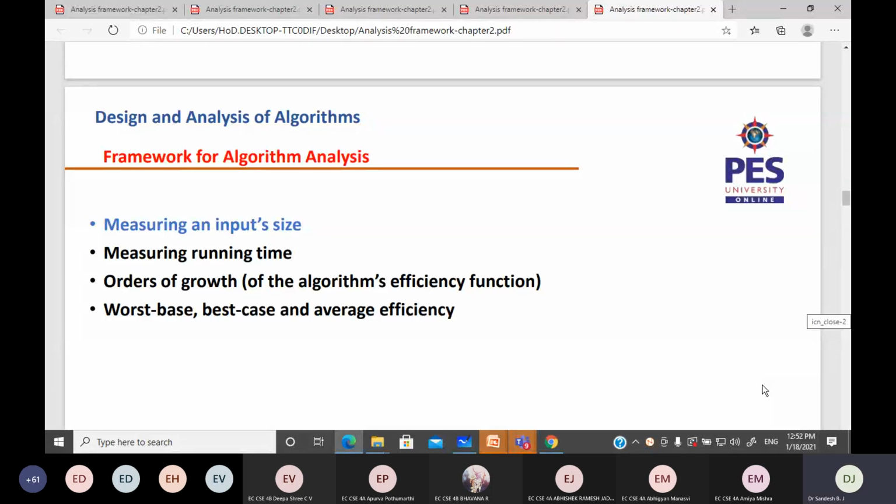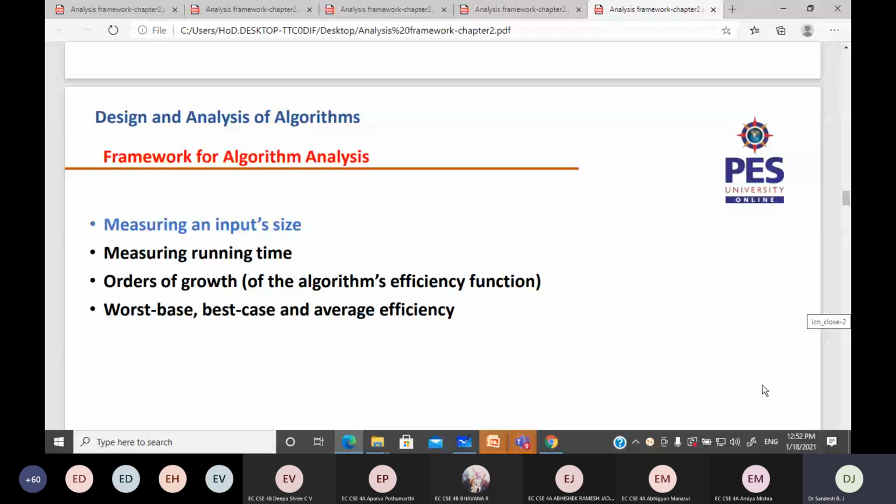So that's the second point. And we have also seen that for algorithm efficiency, we are seeing some functions called orders of growth of the number of times the basic operation is executed. We are interested in only orders of growth.